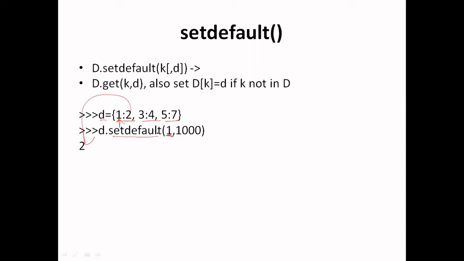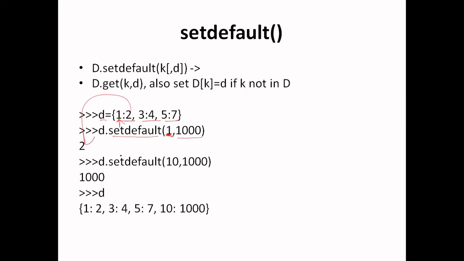And suppose the key does not exist in this dictionary, so this default value will be returned. As well as, the dictionary will also be updated by this pair of elements, that means 10 comma 1000.